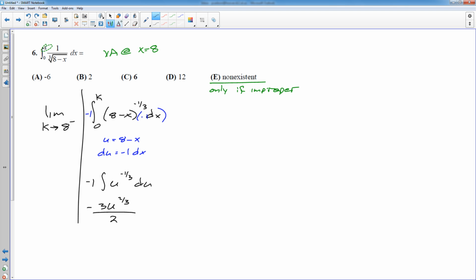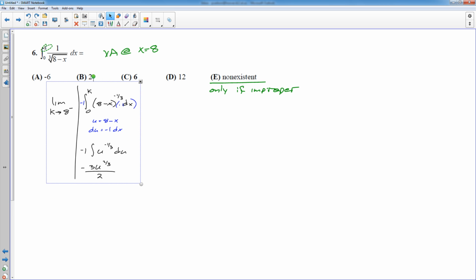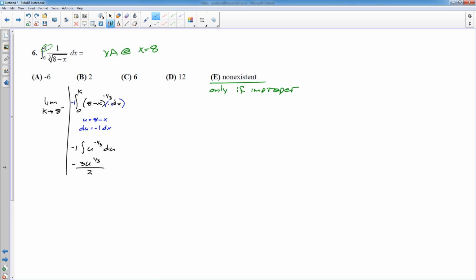There is a negative there, and then we'll plug our u back in. And so that's going to be negative 3/2 times 8 minus x to the 2/3 evaluated from 0 to k.